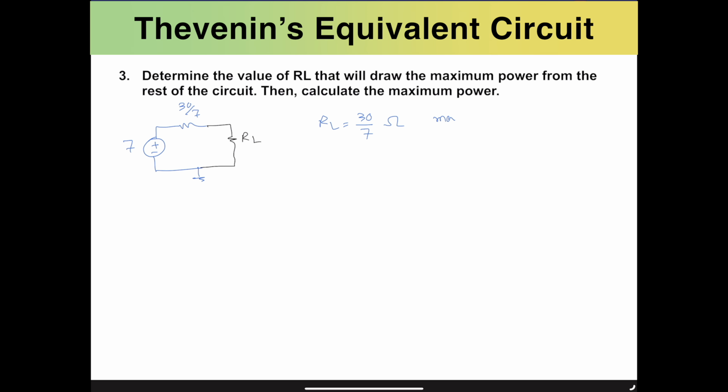That would be the ideal case for maximum power transfer. So that would be equivalent to impedance matching, which means that the impedance of the load equals the impedance of the source. So once that's done, we need to figure out what is the power that is passing through.